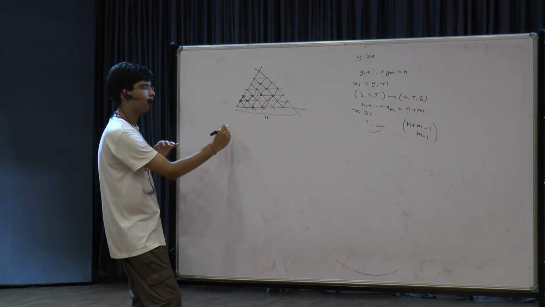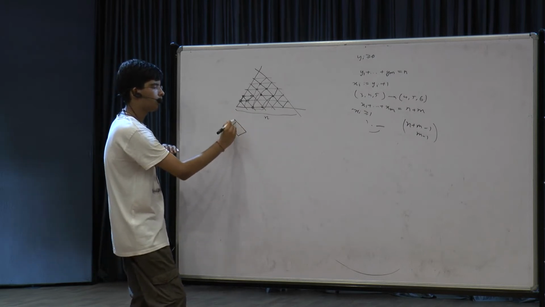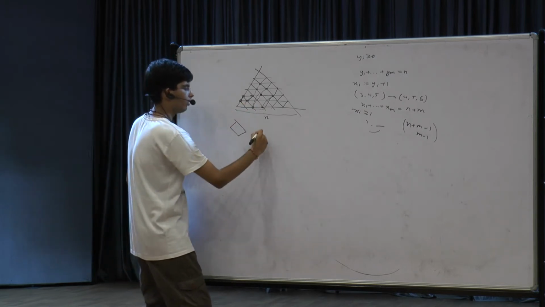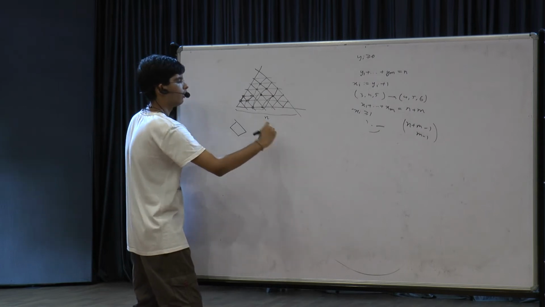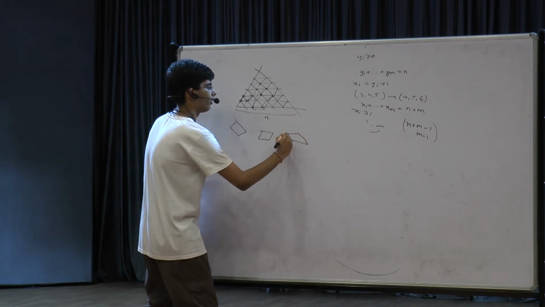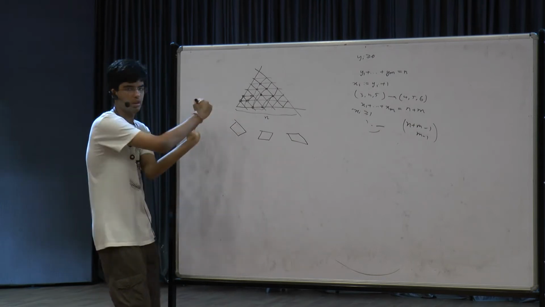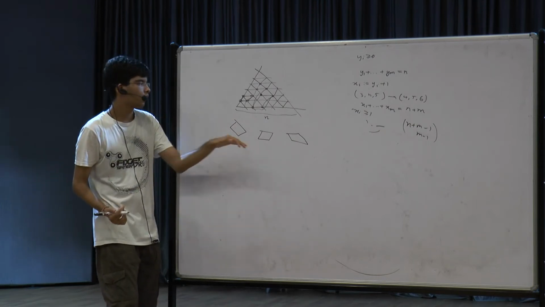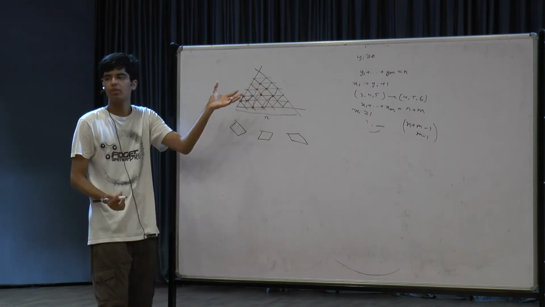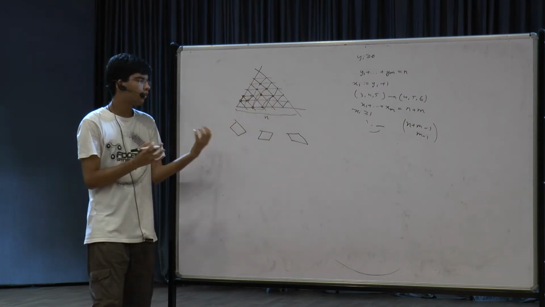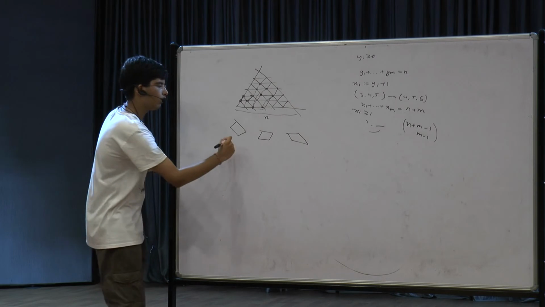If you look at a parallelogram, it'll have one of three orientations: this, or this, or this. So a parallelogram will either be like a diamond, like this, or like this. So there are three possible orientations, and because of the symmetry of the figure, for each orientation there are an equal number of parallelograms.